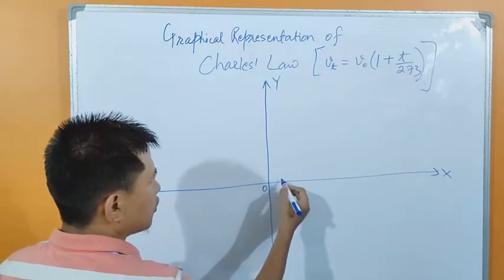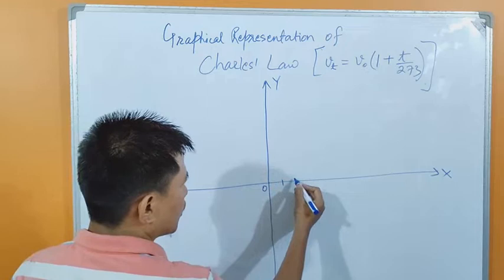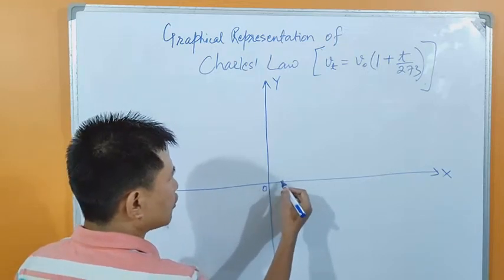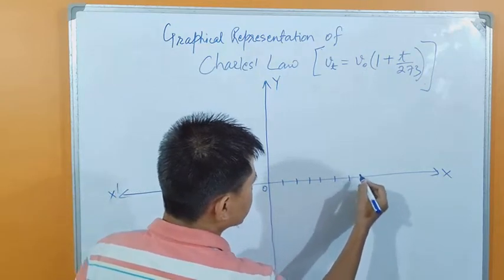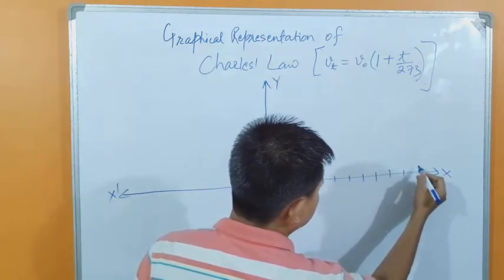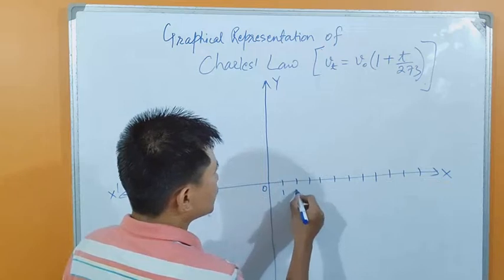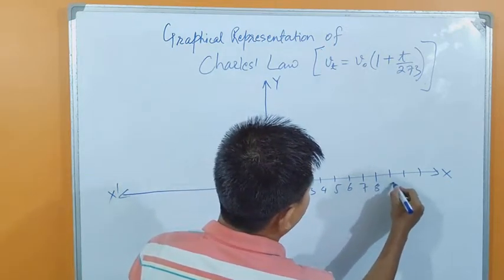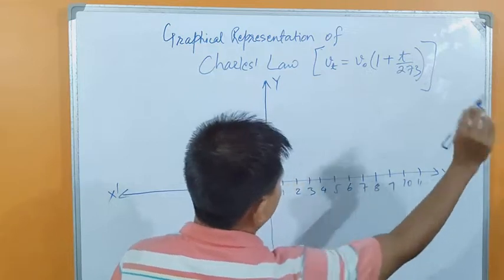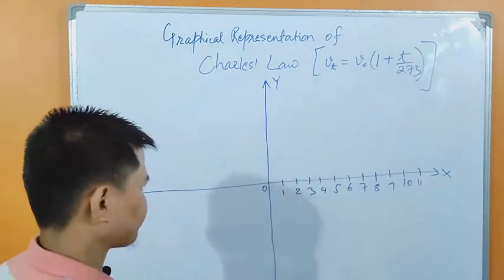Suppose this is 0, 1, 2, 3, 4, 5, and so on, up to infinity.